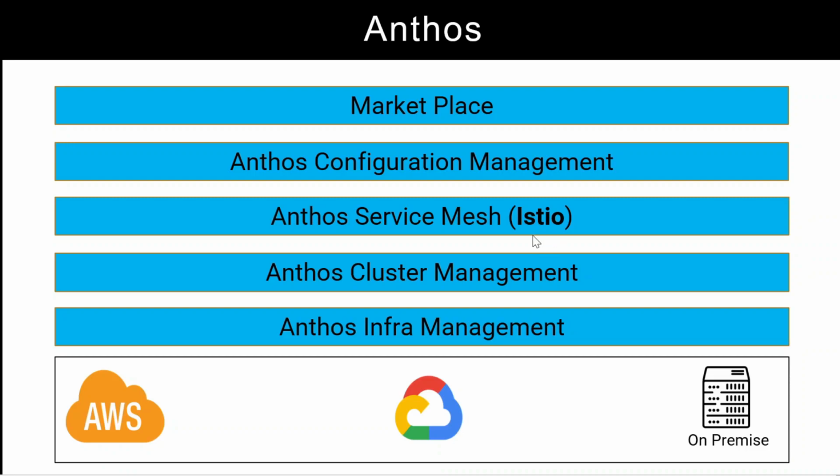Anthos uses Istio to implement its service mesh, which is a well-known tool in the market to implement the service mesh. Anthos service mesh is deployed as network proxy alongside your application in container. This pattern is also known as sidecar pattern.